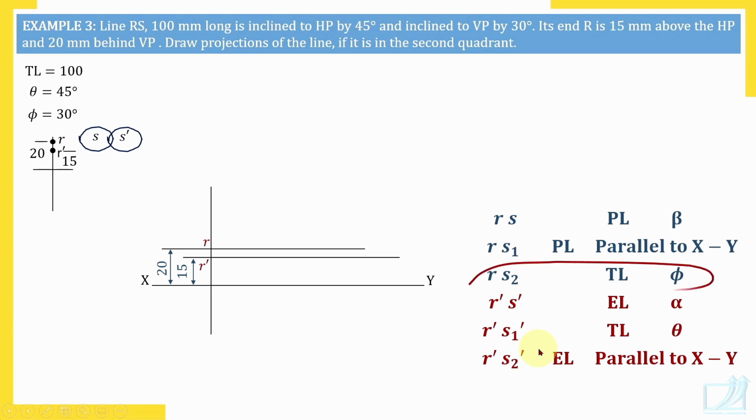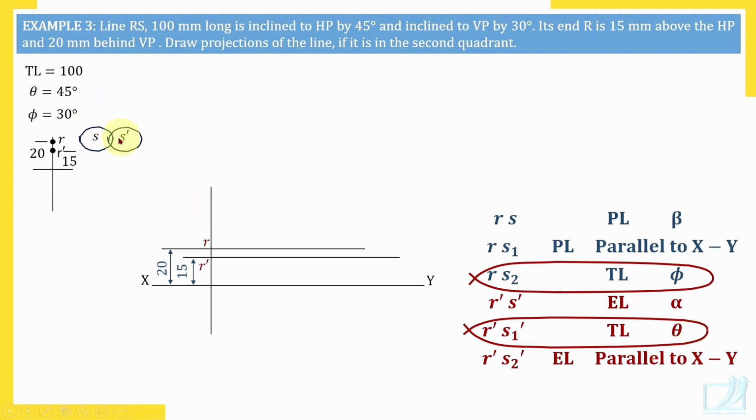Okay. Now check using data, out of these 6 views, which view you can draw. So true length and phi given, that means we can draw RS2. True length and theta given, that means we can draw R dash S1 dash. Okay, so we'll draw these two views. And both angles phi and theta you should measure upwards because the other end is in the second quadrant. Had it been given point S in fourth quadrant, we would have measured both these angles downwards.